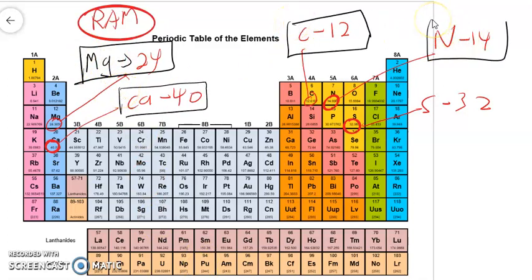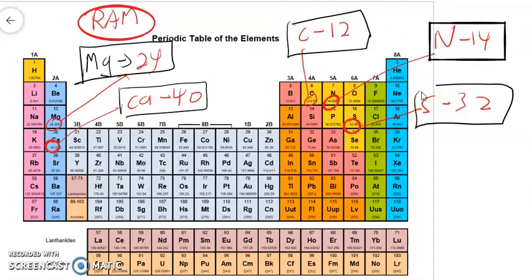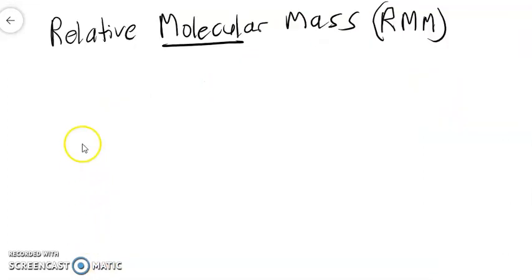Okay, now let us look at the RMM. This is relative molecular mass, which is called RMM. This one is specifically for molecules. So now let us list down the RAM for certain elements.